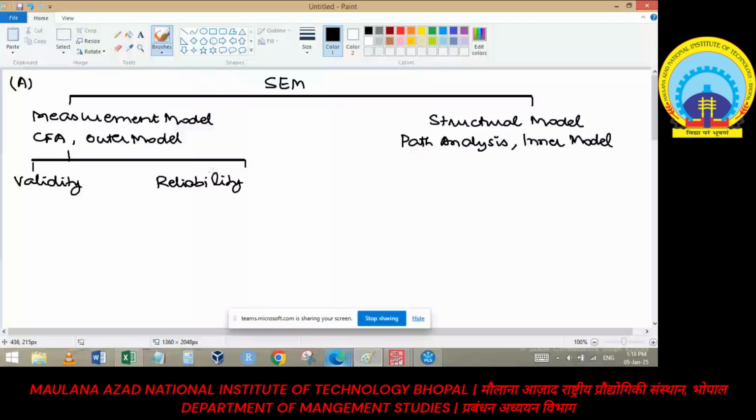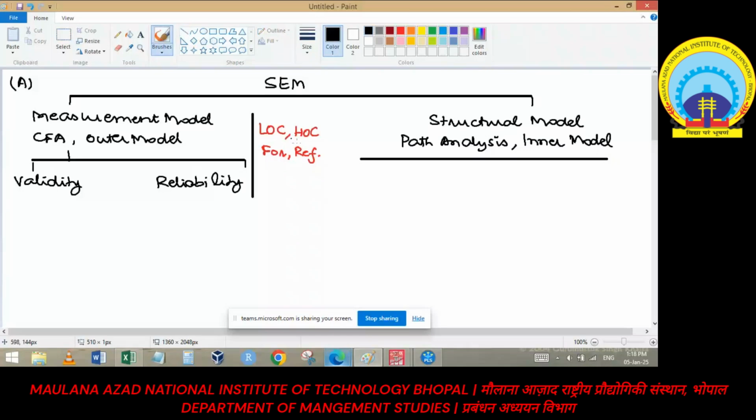In addition, there is something going on parallelly. We will talk in terms of LOC and HOC, lower order construct and higher order construct, and formative or reflective. It doesn't matter which; we will talk about the reliability and the validity. On the other hand, for the structural model, we talk about the relationship.